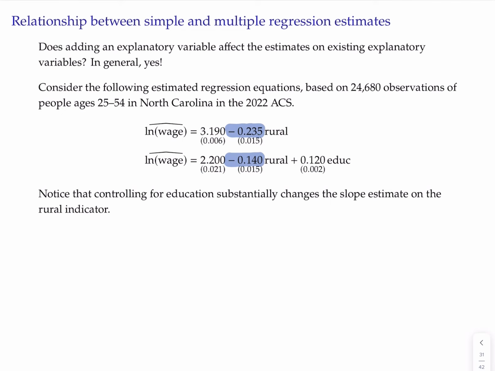In that framework, it's going to turn out that the two things that matter are how the new variable is related to the existing variable. So what are the rural-urban education differences in words here? And then how the new variable is related to the dependent variable.